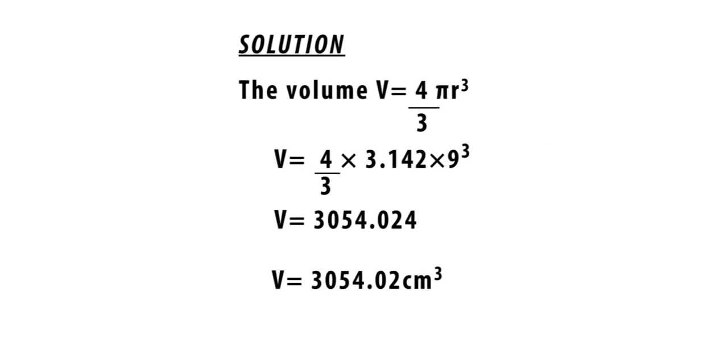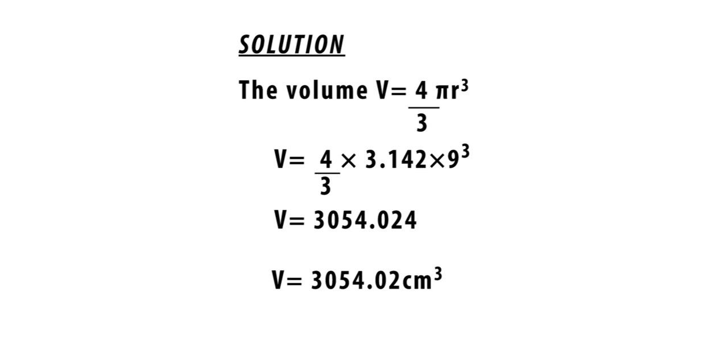We have the formula to be V equals 4 divided by 3 pi r cubed. Our r has been given as 9, so we do our substitution, and that will give us V equals 4 divided by 3 multiplied by 3.142 multiplied by 9 cubed.